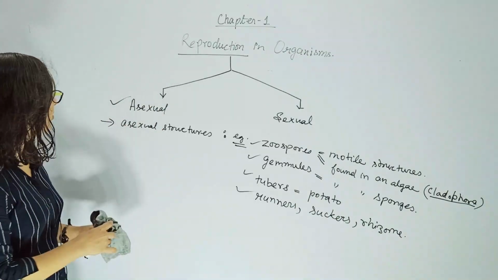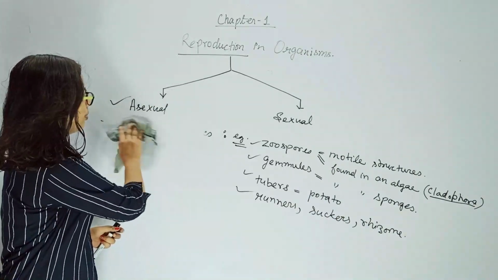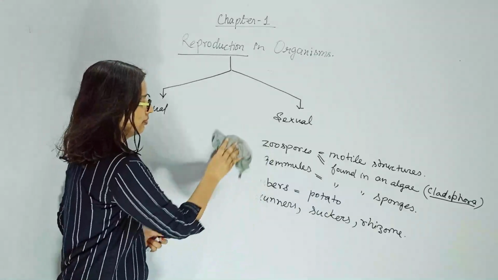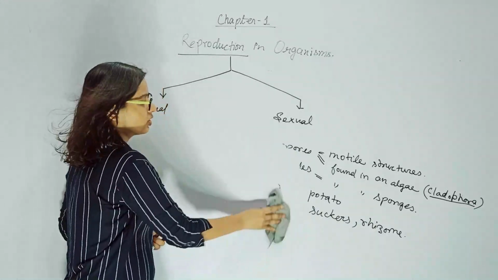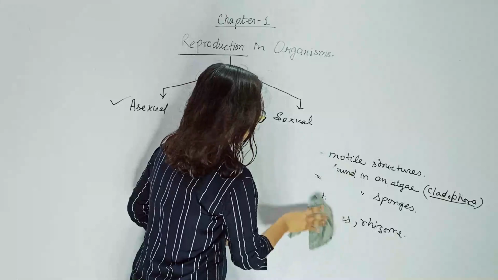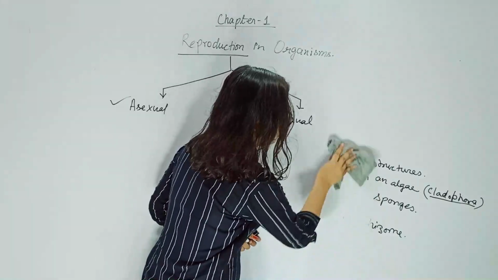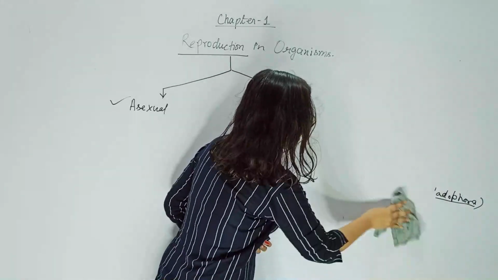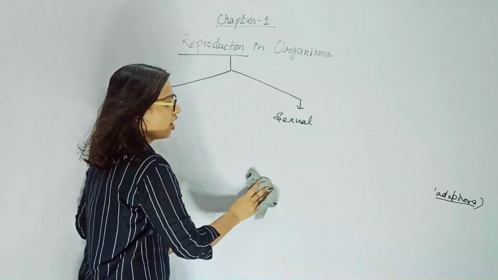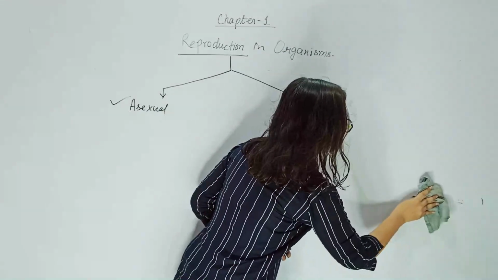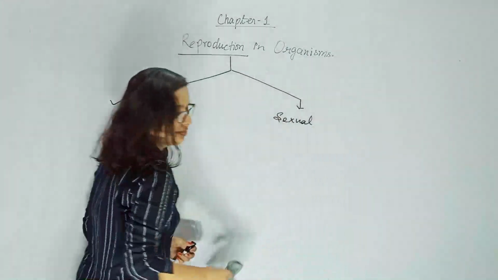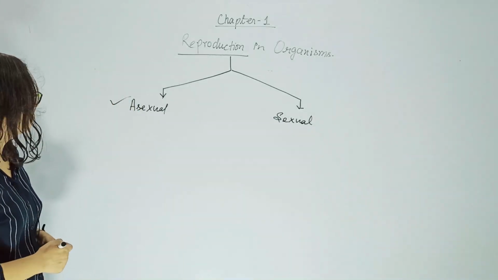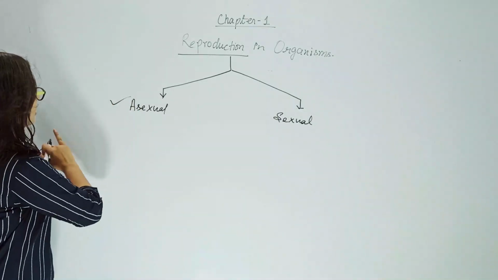Okay, so let us move towards sexual reproduction. Asexual reproduction is very much easier, very much simple, and this is why asexual reproduction is found only in the lower phylum of the plants and animals.